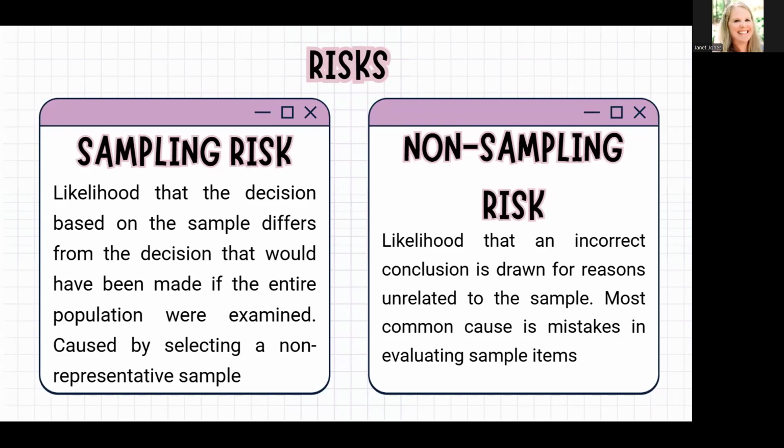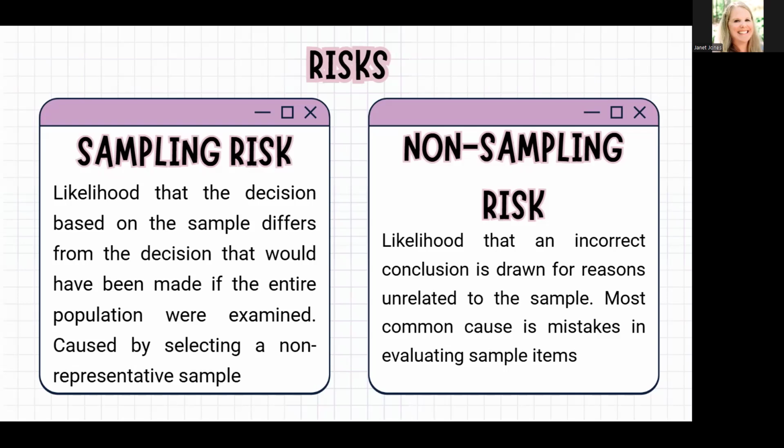So when we are thinking about sampling, if we take 20 invoices and they all look good, and we make the conclusion that all of the invoices are good based on these few that we looked at, but in reality, we chose all the good ones, but there were a lot of bad apples that we didn't choose. That would be an idea behind sampling risk. So the sample is non-representative of the population.